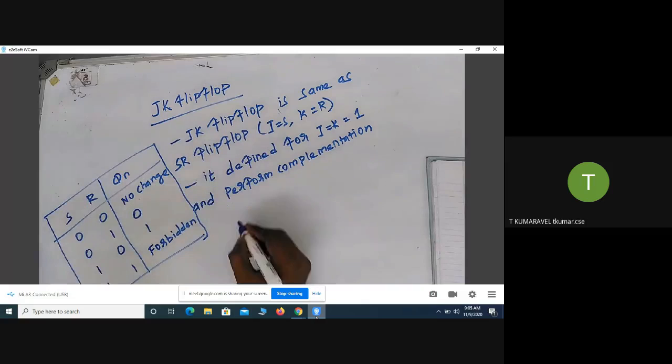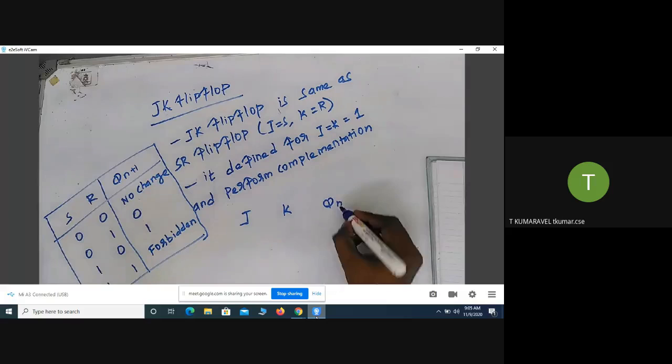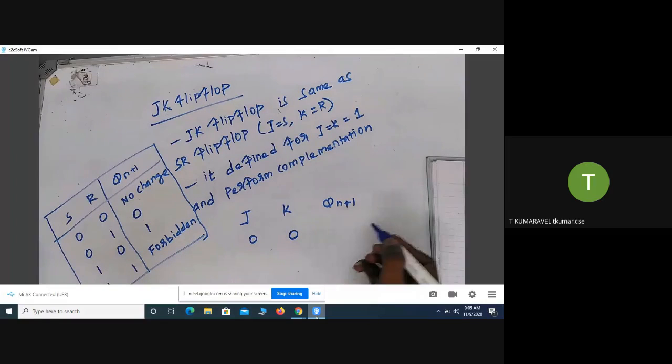Now I'm going to talk about the truth table of the JK flip-flop. As already said, the JK flip-flop is the same as the SR flip-flop. For 0 0, it will retain the previous state.